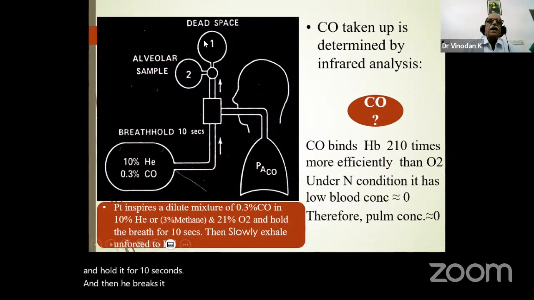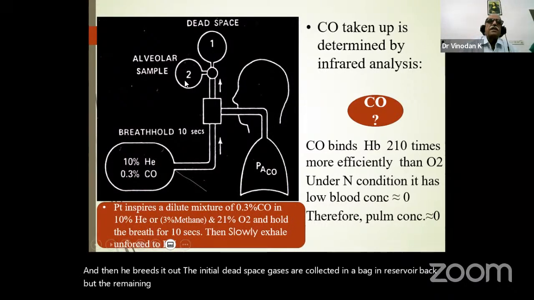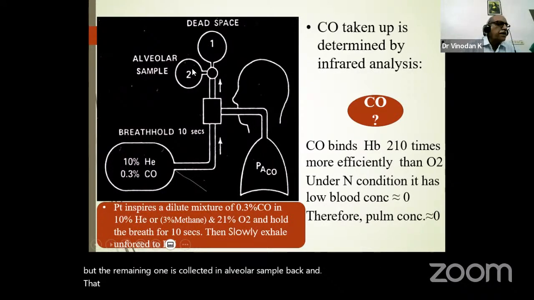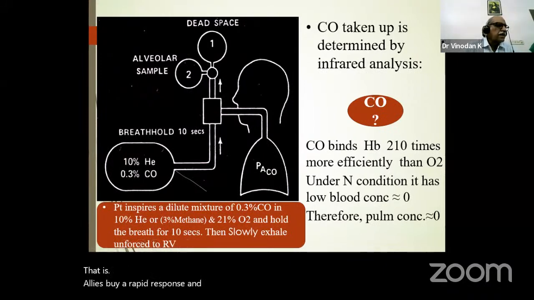The initial dead space gases are collected in a reservoir bag, but the remaining is collected in an alveolar sample bag, and that is analyzed by a rapid response analyzer after discarding the initial exhaled contribution, which is from the dead space gas.